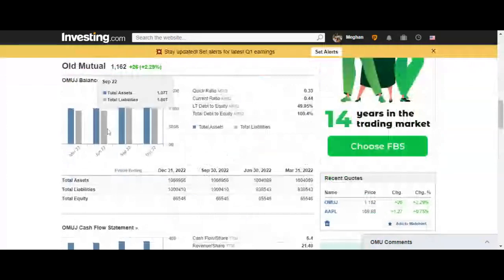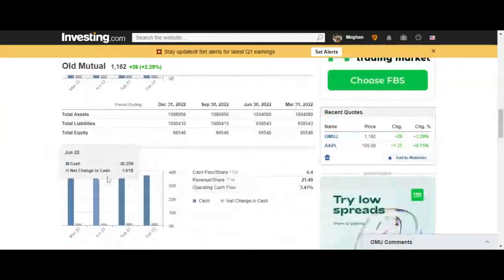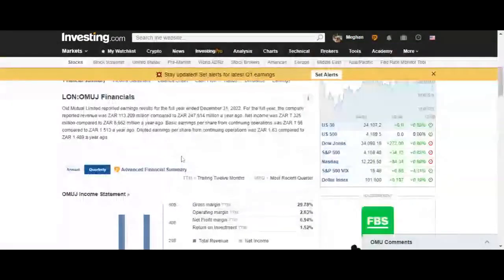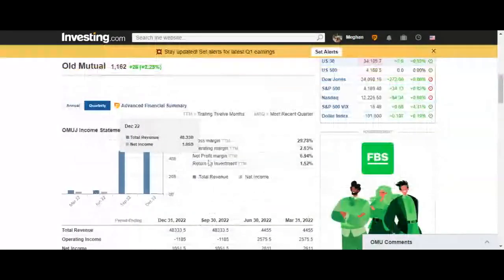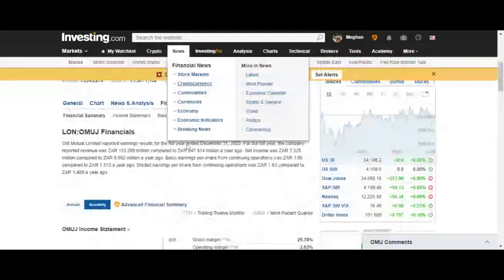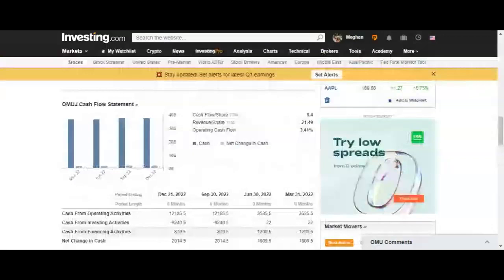You can see the balance sheet. These are the debt levels. Cash flow is what cash is in the bank at the end of the day. And your income statement is going to contain your margins, your revenue, your net income, etc. You can use these facilities to get pretty much quite a detailed understanding of the company.